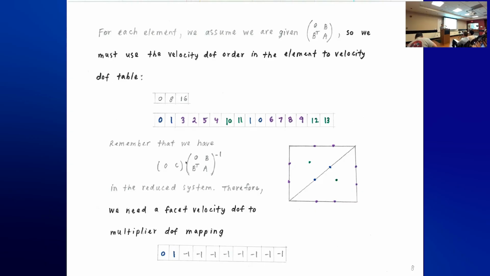So we need the sizes to match. For this reason, we actually need a facet velocity DOF to multiplier DOF mapping, going the other way around from our other table. And so here are the 10 facet DOFs. And you can see -1 corresponds to it's not an interior facet. The colors are a little bit hard to see, but they correspond to here.